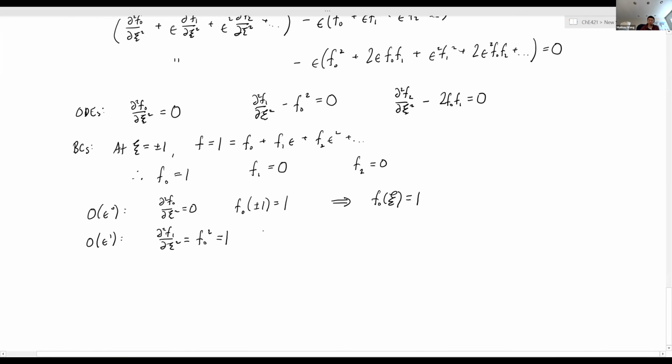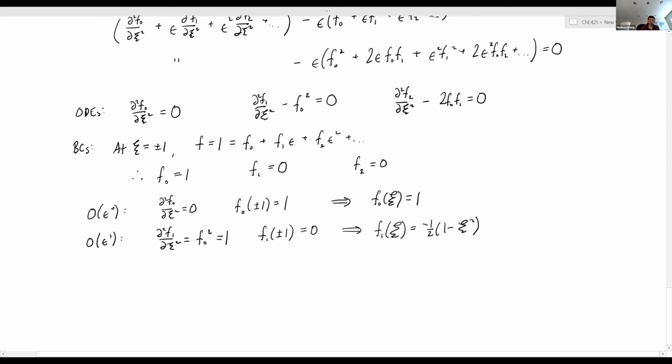And of course, we also have boundary conditions. F1 at plus or minus 1 is, in this case, going to be equal to 0 from right here. And then you can also solve this differential equation. We actually solved essentially this differential equation earlier, so I'll just write down the solution. You get something like this.